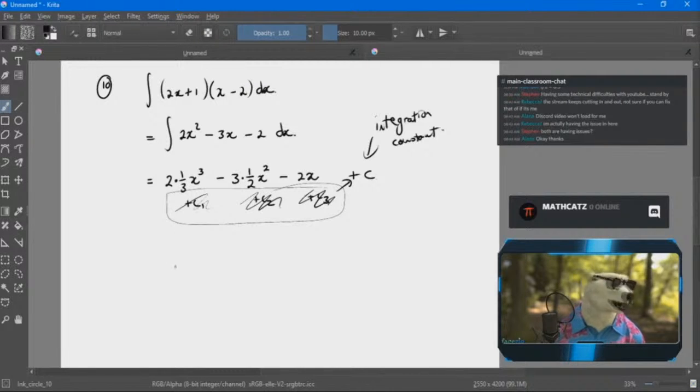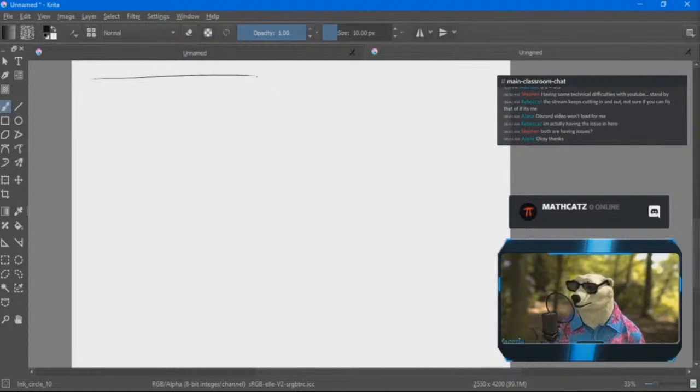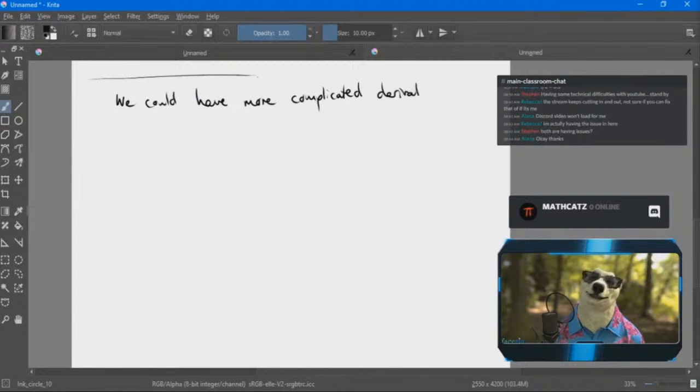Now we are going to take it one step further because we realize that there are other kinds of situations. We could have more complicated derivatives to reverse engineer, so to speak.